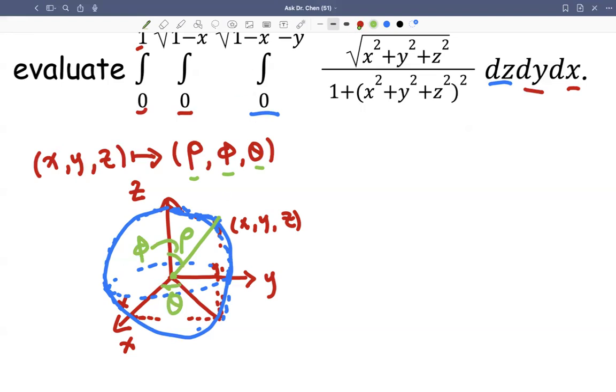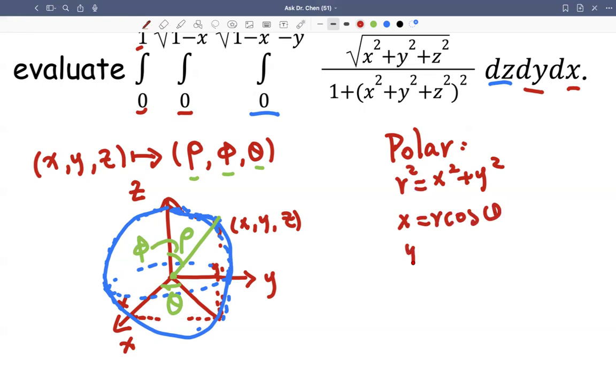Basically, if we remember polar coordinates, we have r squared equals x squared plus y squared, right? And then x equals r cosine theta, y equals r sine theta.